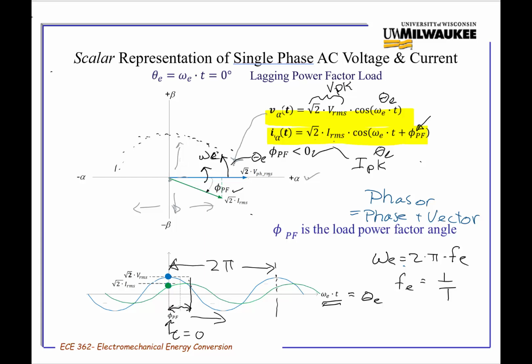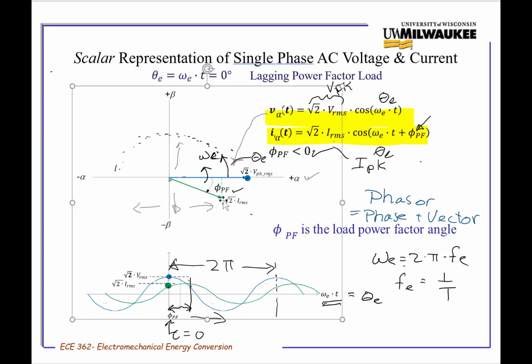So at theta e equals 0, we're at these 2 points shown down here, looking at the time domain, the blue and the green. Those 2 points are the scalar values for V alpha and I alpha. These same points are represented on the alpha axis, and so this point right here is that point on the alpha axis.